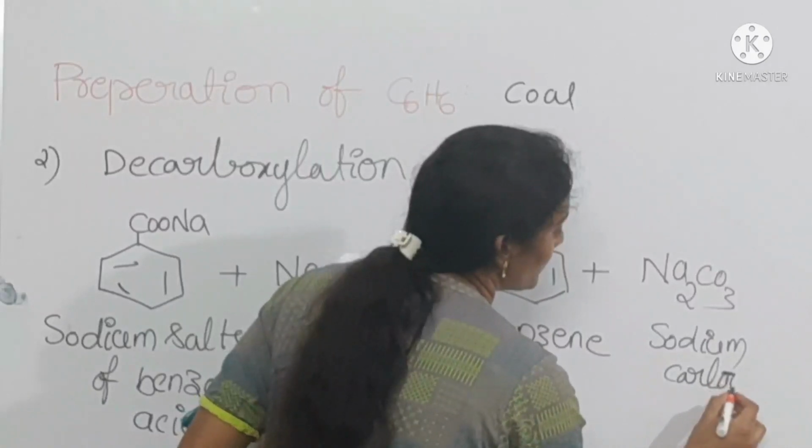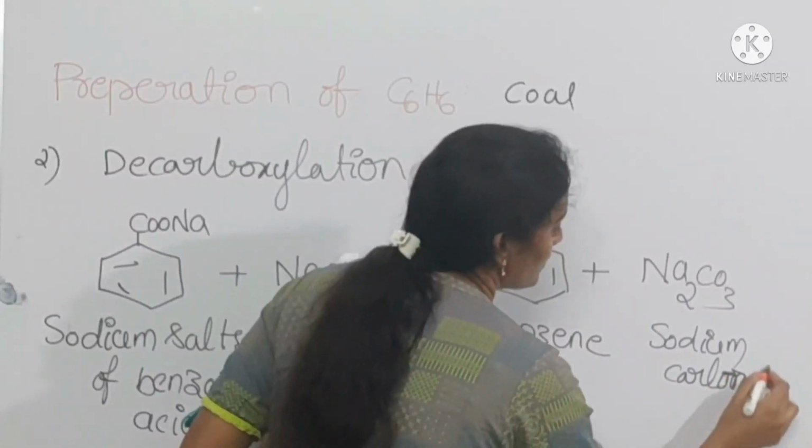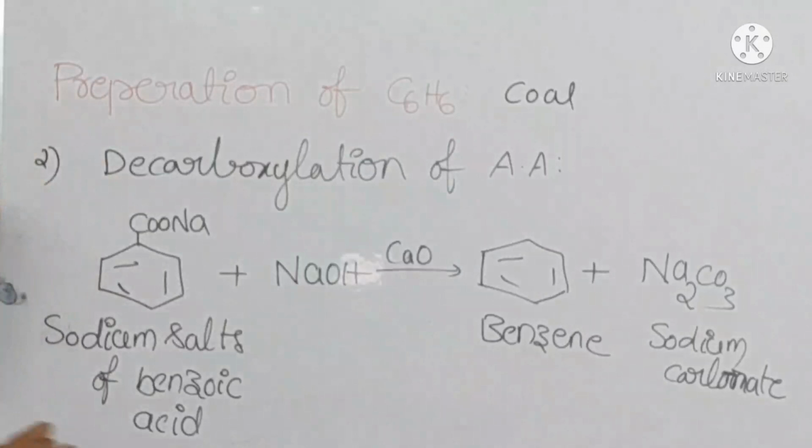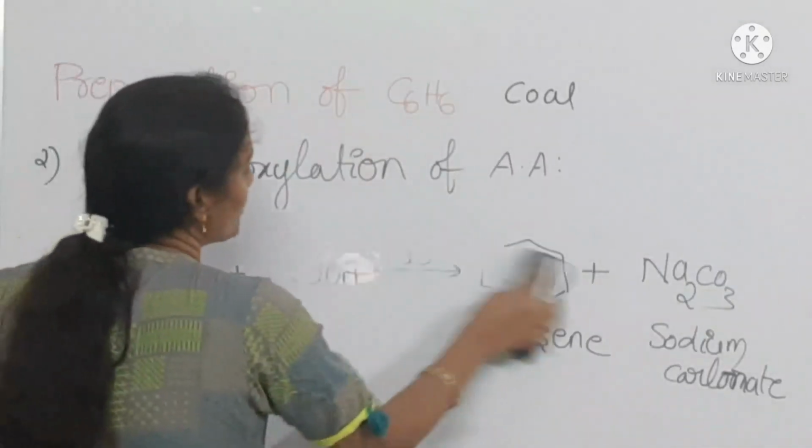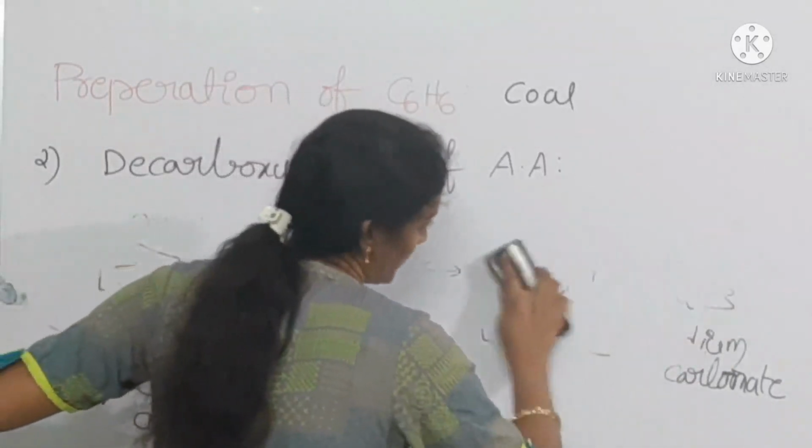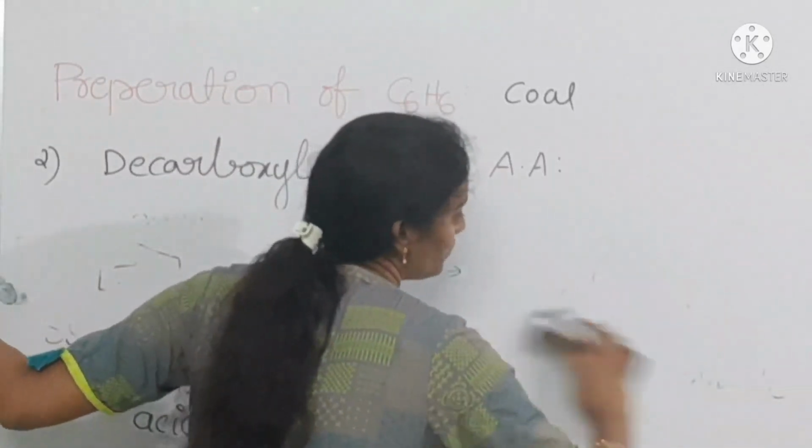The next preparation method is reduction of phenol. In reduction of phenol, phenol is in the vapor state.